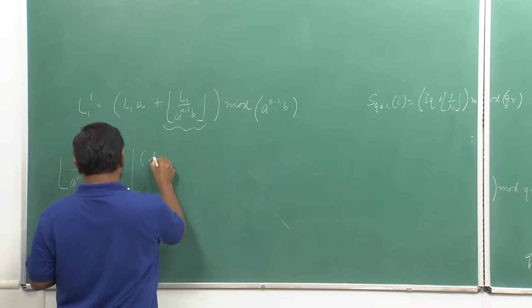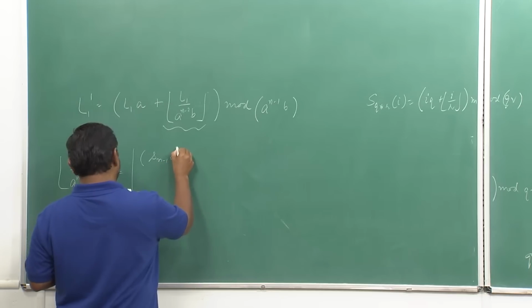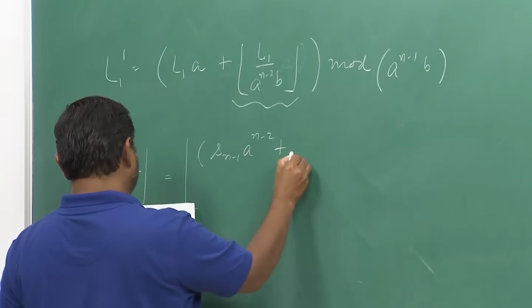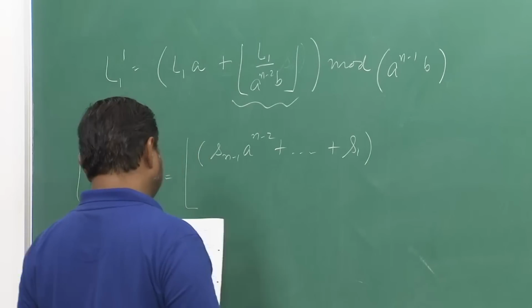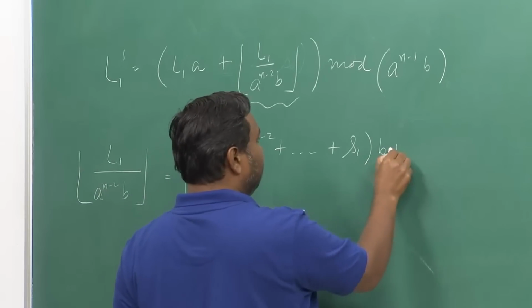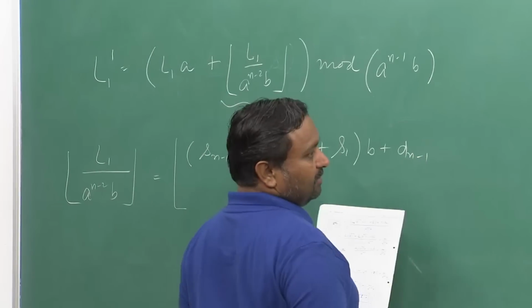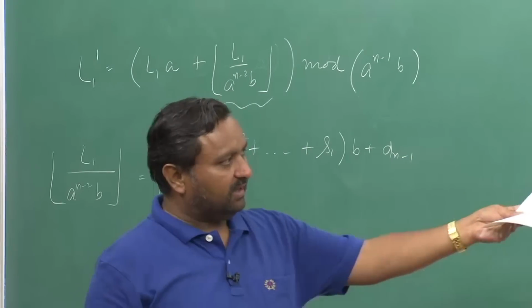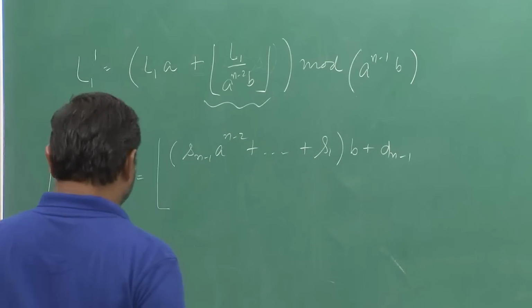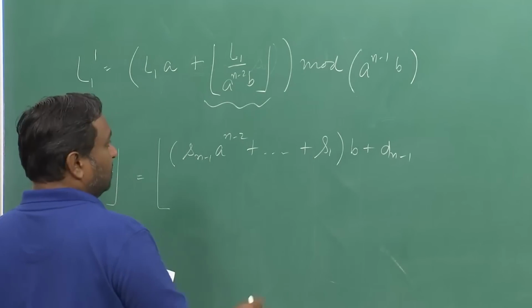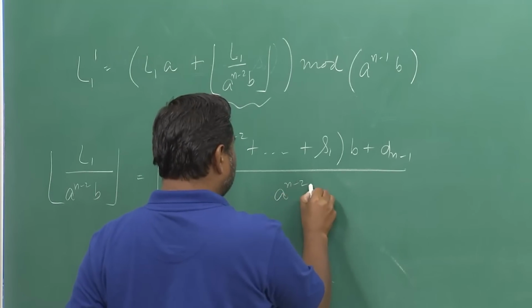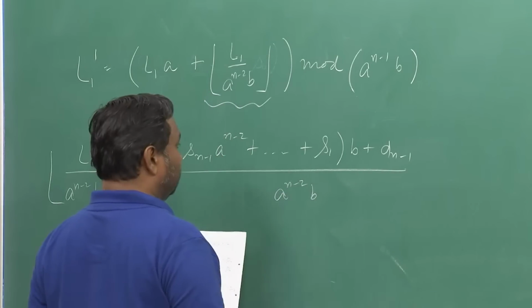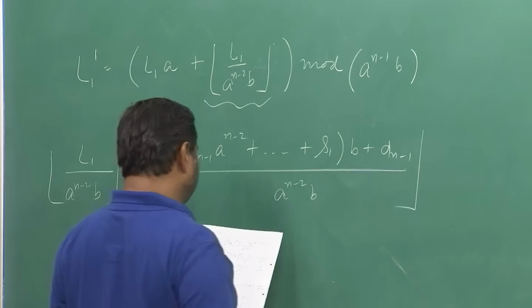L1 is now S of n minus 1 A raised power n minus 2 into B plus D n minus 1. Okay, this I have got from there. I have to divide this whole thing by A raised power n minus 2 B and take the floor function.